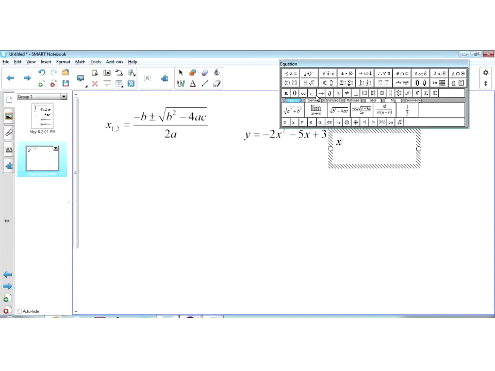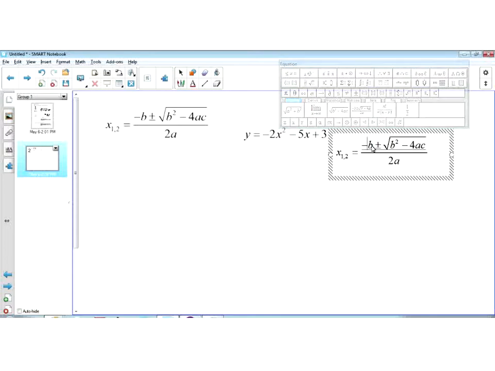So we have x 1, 2 is equal to, so let's replace b with the -5, right? So replace all occurrences of b in this template with -5.